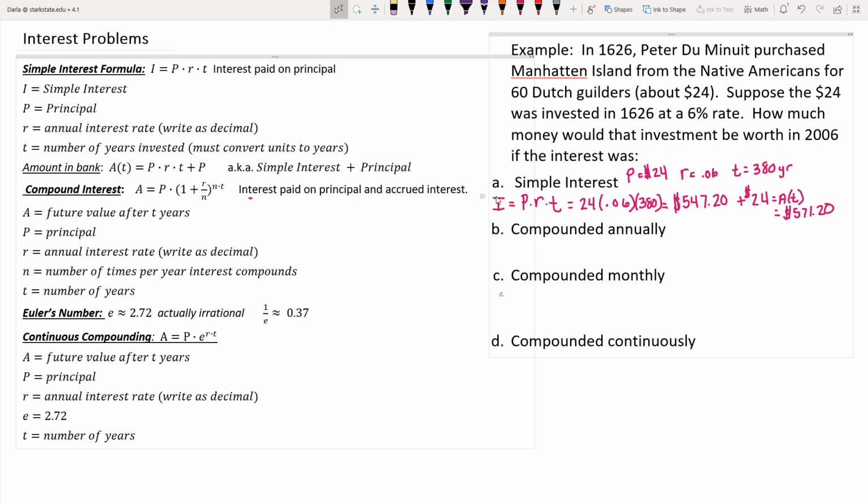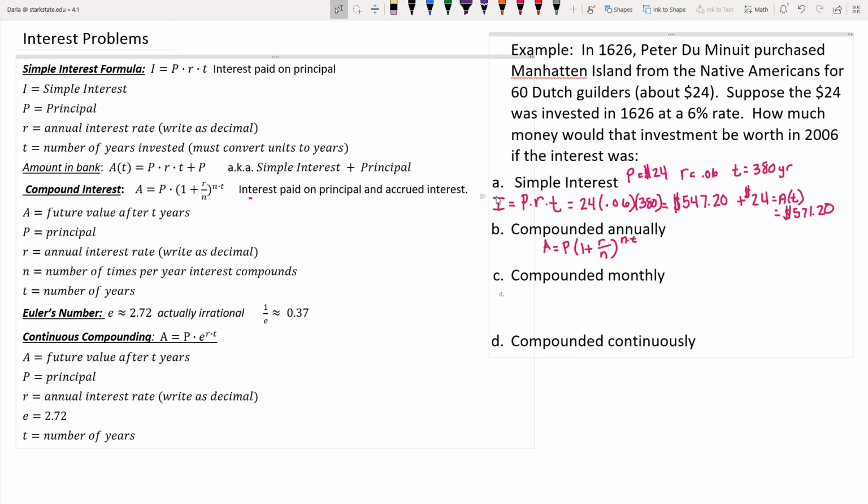If we want to compound annually, then we are going to use a different formula. We're not going to use the simple interest formula. We'll use that our future amount is equivalent to the principal times 1 plus our rate over the number of times we compound, raised to the number of times we compound times the time.